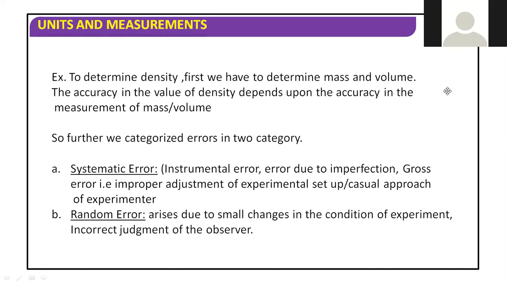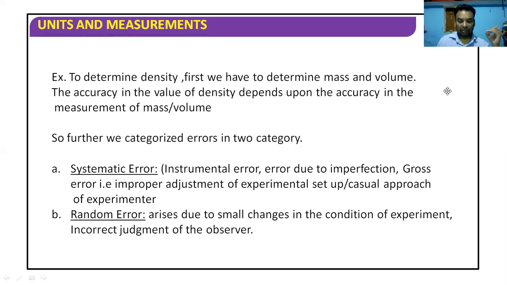The next is called gross error. Gross error is also a very important error. Suppose we are doing the experiment and we are changing the position of the apparatus, we are changing the leveling of the apparatus.